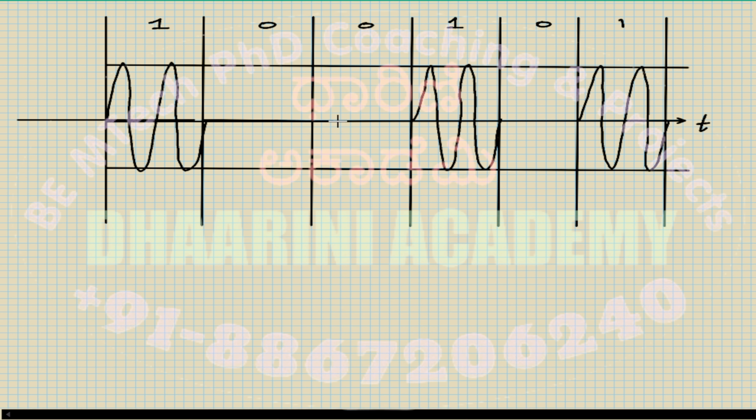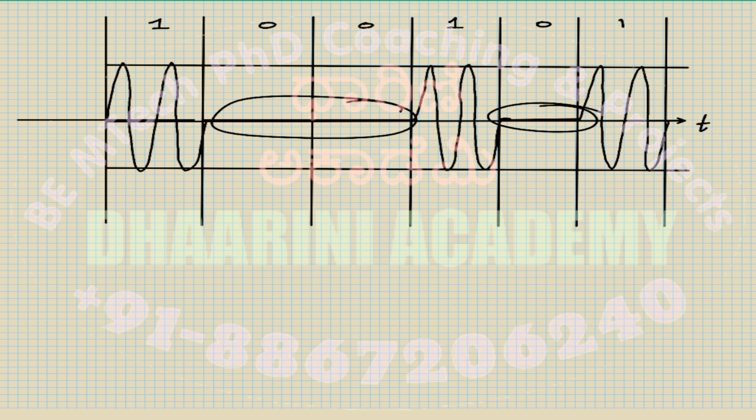That's why this region is 0. Again, here there is no symbol being transmitted, so this is also 0. I am not sending anything, so the amplitude becomes 0. This is the ASK waveform in the time domain.